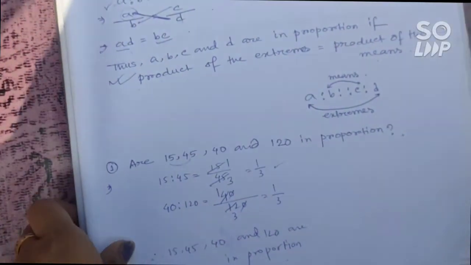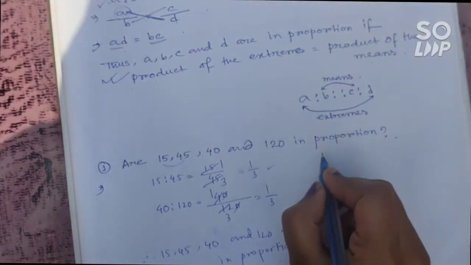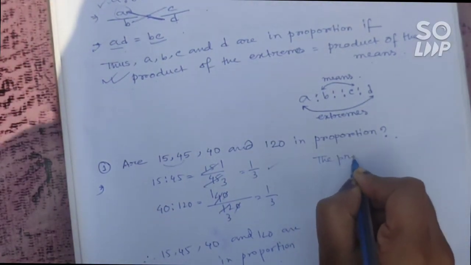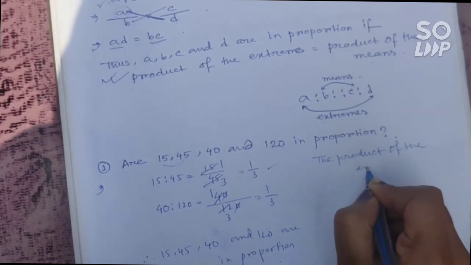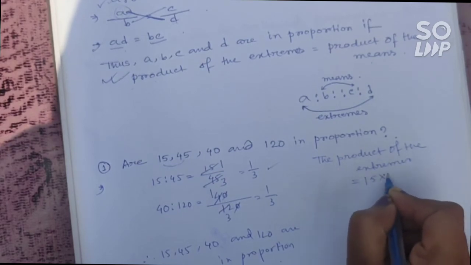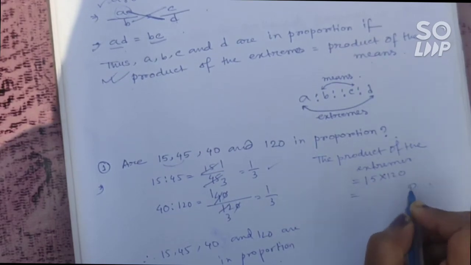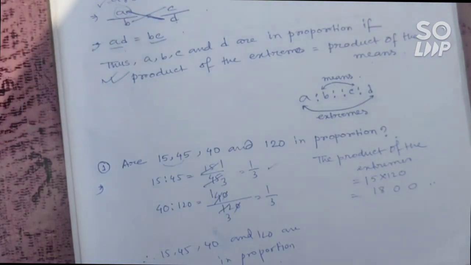Second process, I have told you that you have another condition for checking the proportion, that is the product of the extremes. The product of the extremes, 15 and 120, is equal to 1800.